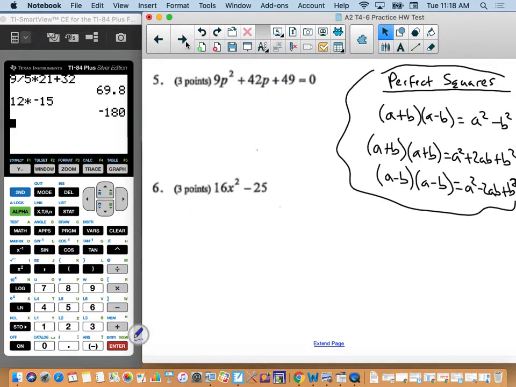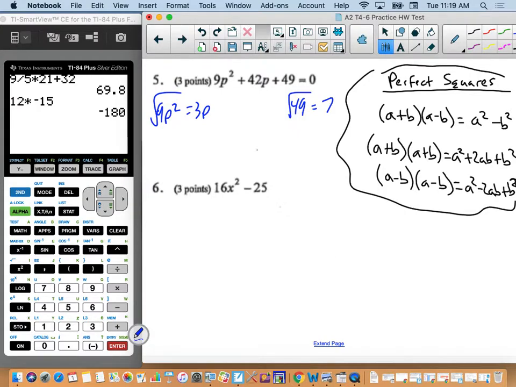For numbers 5 and 6, you can use these perfect square shortcuts because it starts with a perfect square and ends with a perfect square. And if you multiply those together, you get 21p, and you double it, you do get the 42p in the middle.